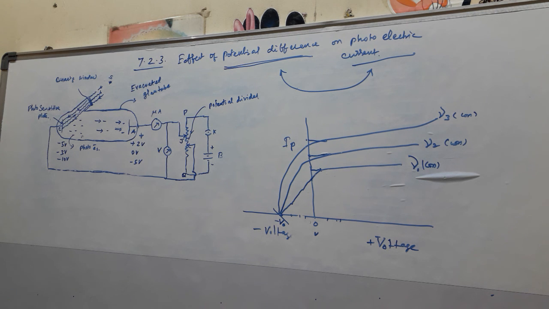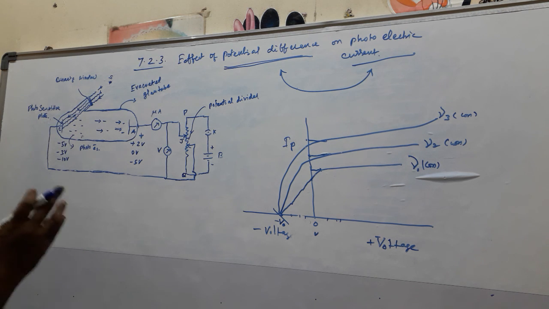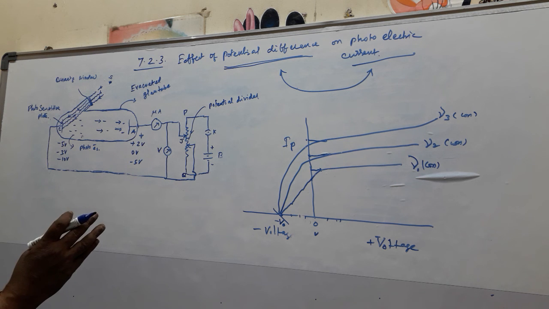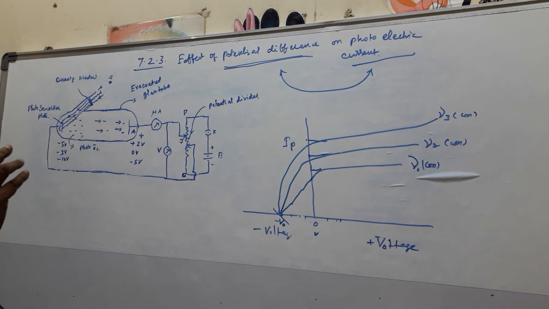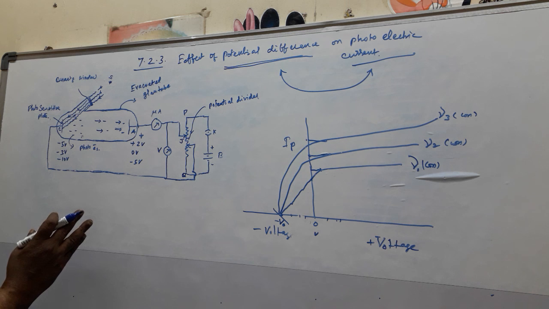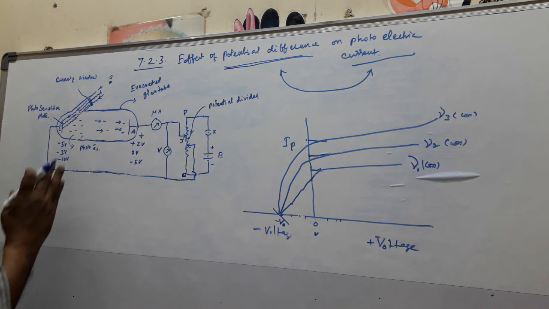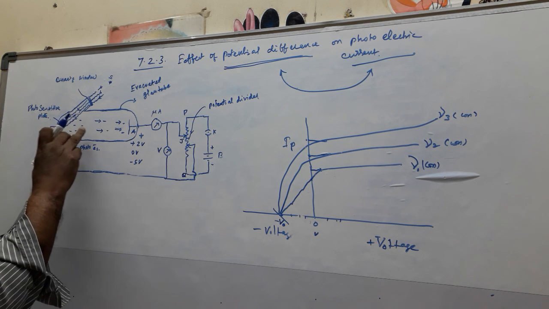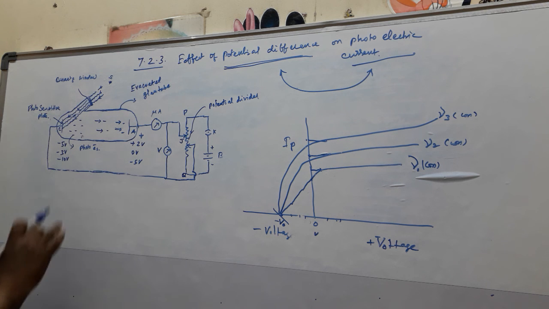The potential that we apply to the anode, and the amount of work done by the anode, does not allow these fast moving electrons to enter the terminal of A, so there is no photoelectric current.